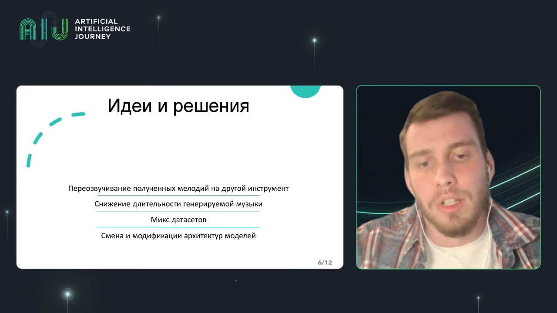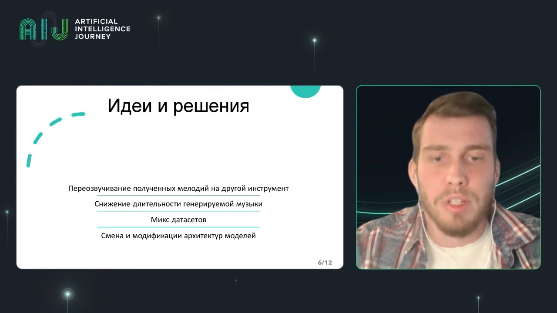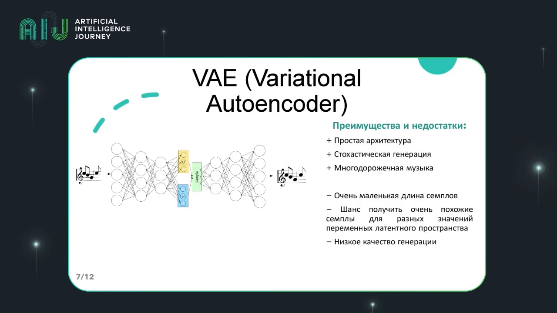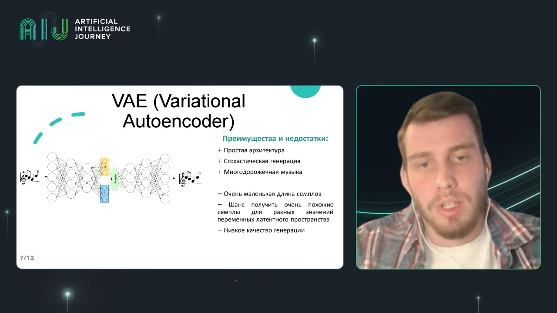The most obvious, but not simple in terms of implementation, is modifying or changing the architecture of the current AI models. The first option that was used before I even joined was a variational autoencoder. This architecture has two parts, and it does roughly the following: the data is compressed and then decoded via the decoder.